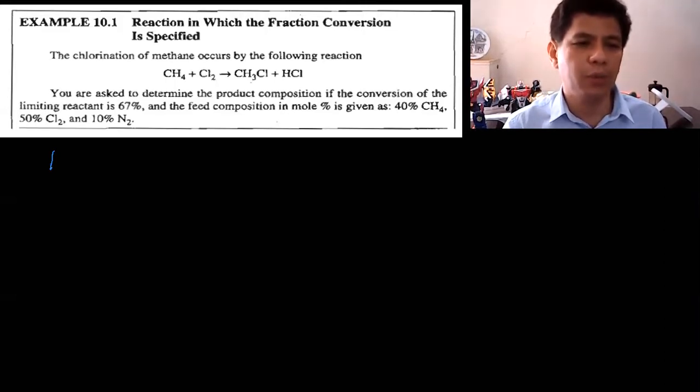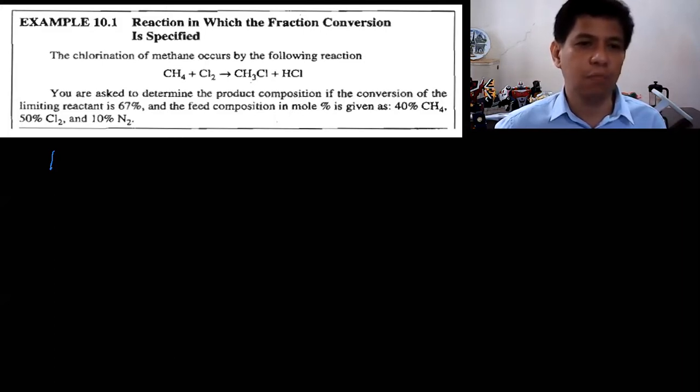Okay. So basically what we're going to do is, first, we're going to determine which is the limiting reactant, no? By calculating Emax. Tapos, after knowing the limiting reactant, we're going to calculate the extent of the reaction. Kasi, in order to calculate the extent of the reaction, you should be able to calculate the final number of moles of the limiting reactant.